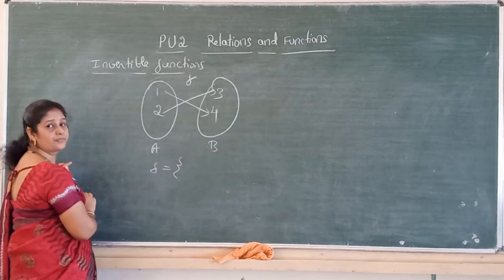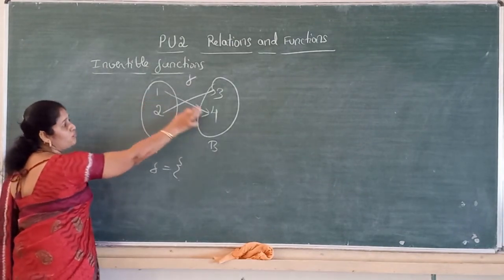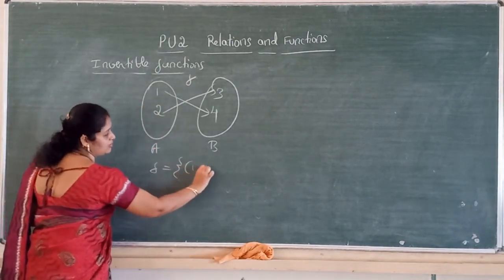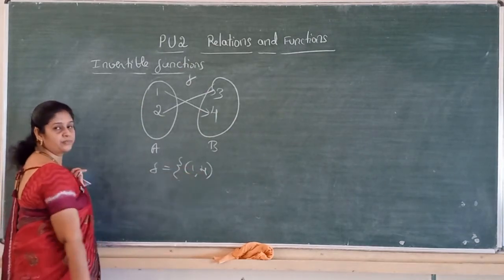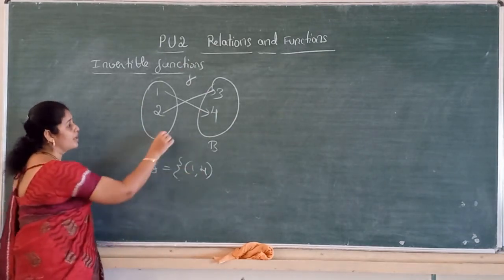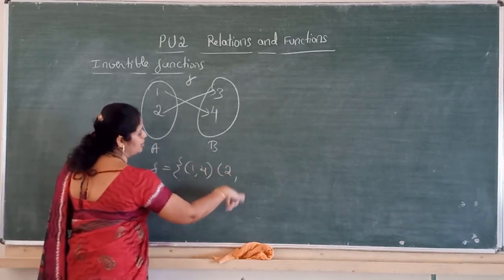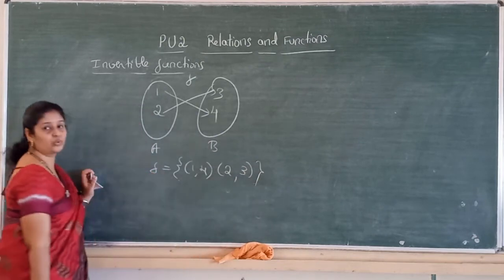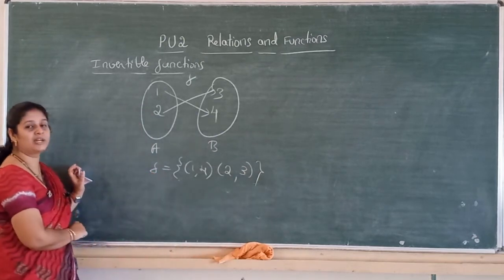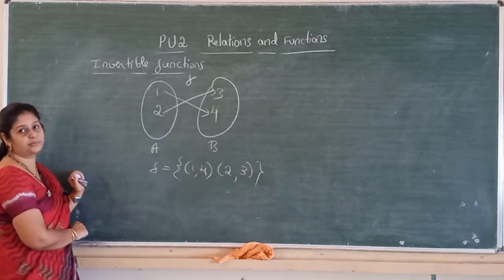Set f: image of 1 is 4, so you write the ordered pair (1, 4), correct? Then image of 2 is 3, so you write the ordered pair (2, 3). That is the function f.